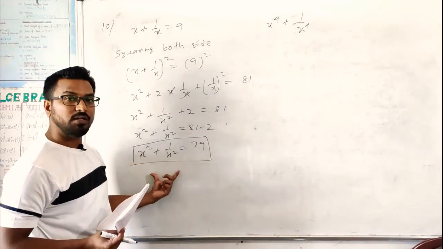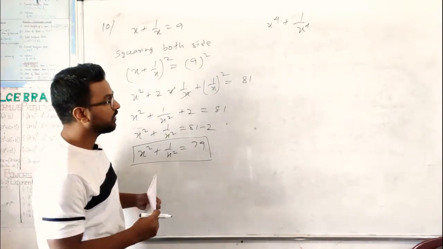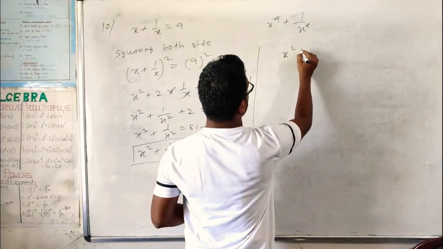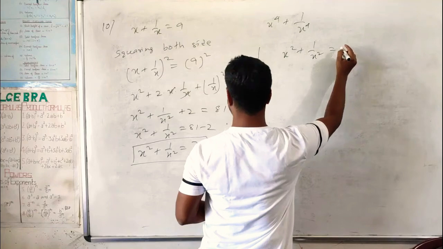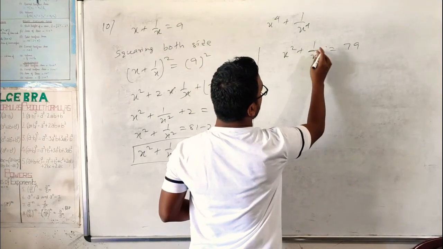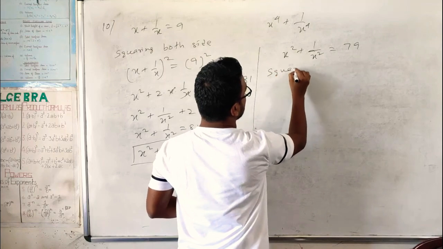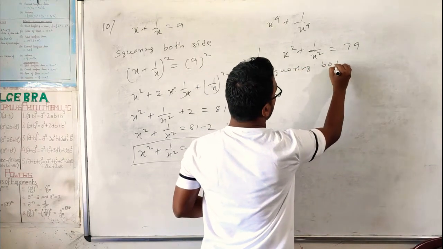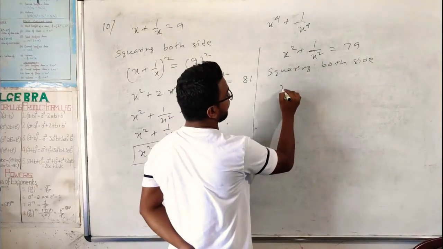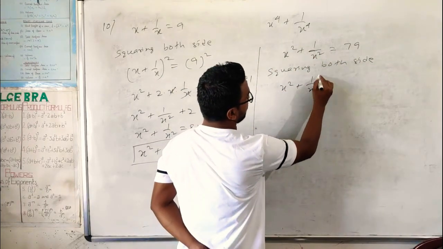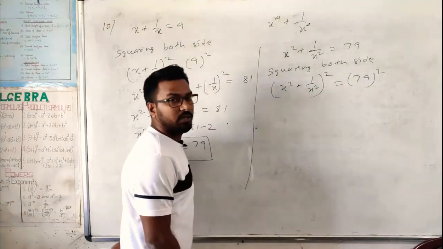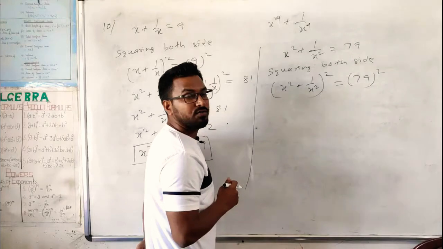So what we'll do, again we'll square this part. Okay, so let me write here, x square plus 1 by x square is 79. So squaring both sides, this will follow the a plus b whole square formula.